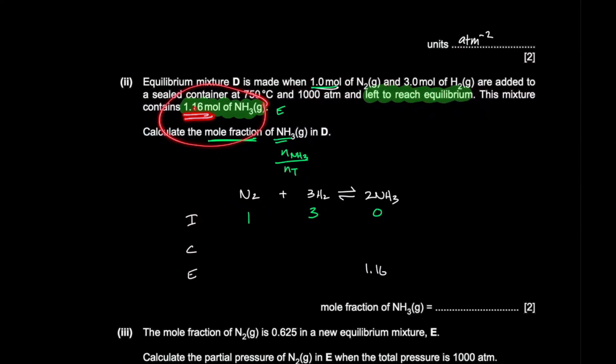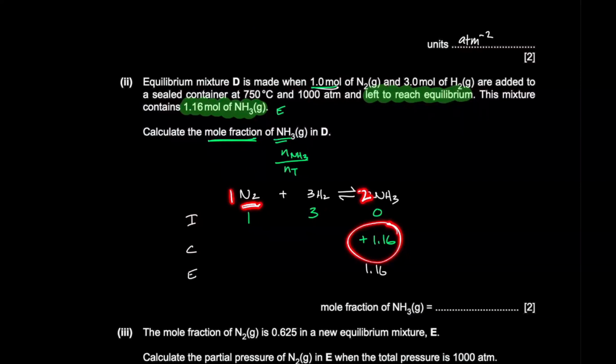So that means how much was produced? That's the change. Change is positive, right? Why is it positive? Because we're making ammonia, right? It's increasing, the positive change, going from 0 to 1.16. Okay. So increase is plus 1.16. That means the decrease in nitrogen is half of this. Why? Because you have a 1 to 2 ratio. If 1.16 of this are produced, then half the number of moles of nitrogen are reacting, right?